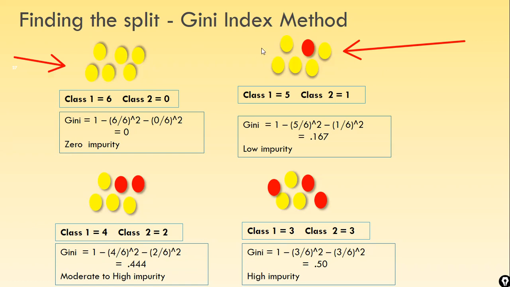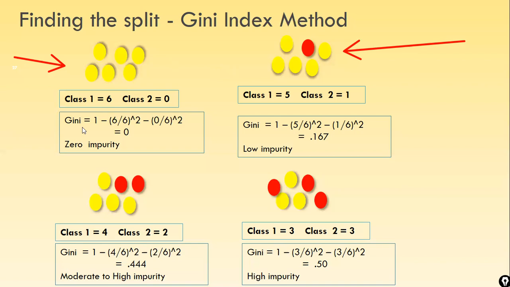Whereas in this case, we have 5 balls in class 1 and only one red ball in class 2. I call class 1 the yellow color and class 2 the red color. In this first case, we don't have a mix of two classes: class 1 has 6 and class 2 has 0.